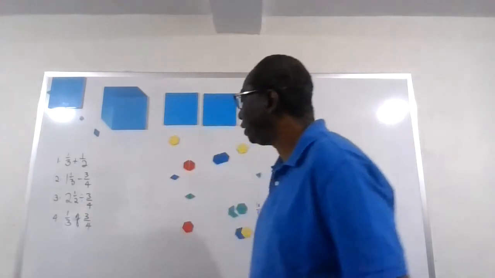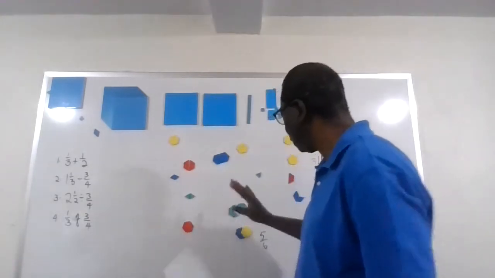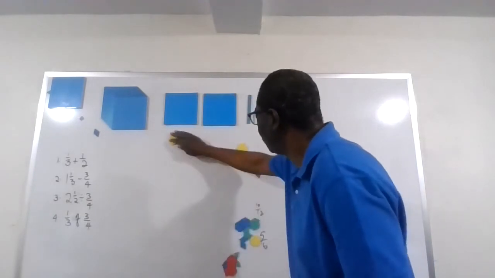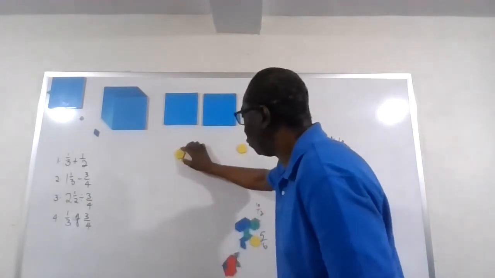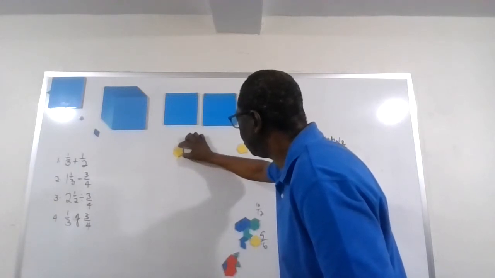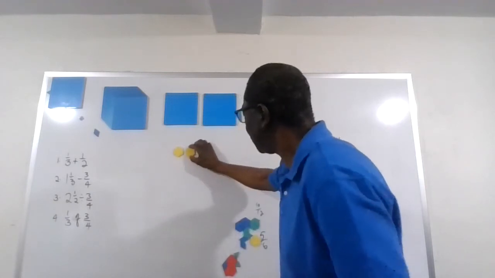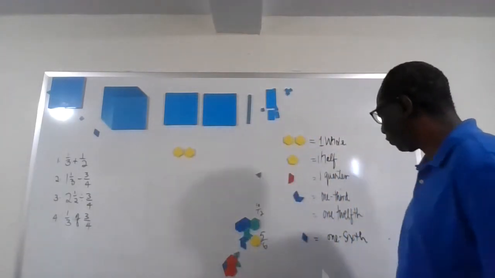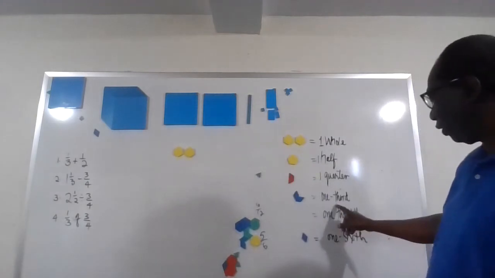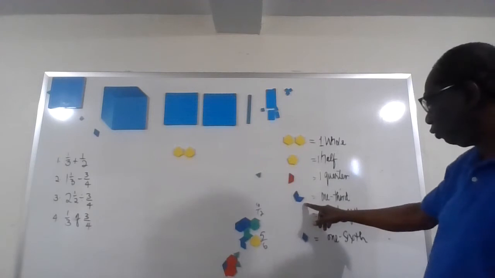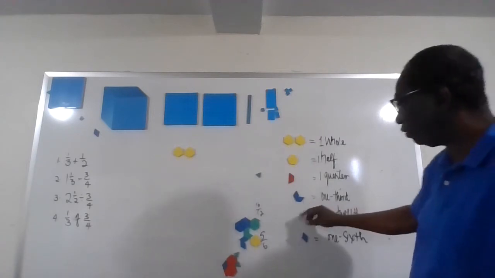1 1/3 minus 3/4. So I'm going to clear the board here. 1 1/3. So remember, this is my whole. That's my whole. That's 1. And what would 1/3 be? We say 1/3 would be 2 blue rhombi.